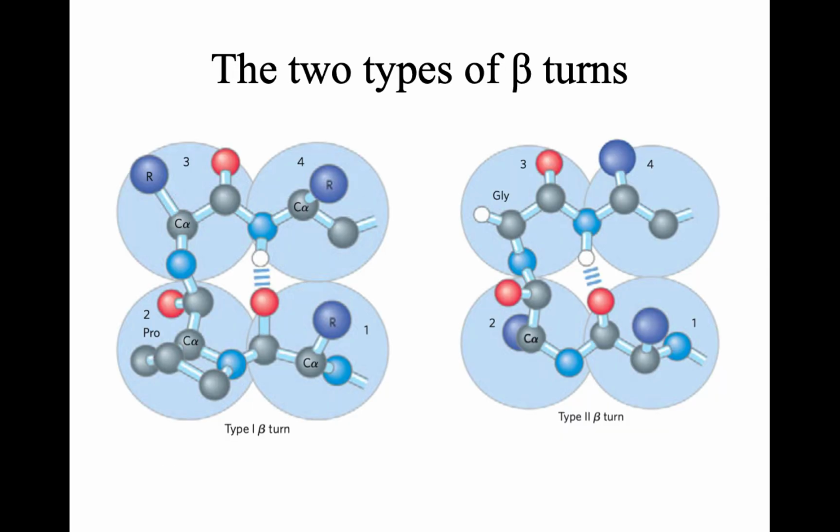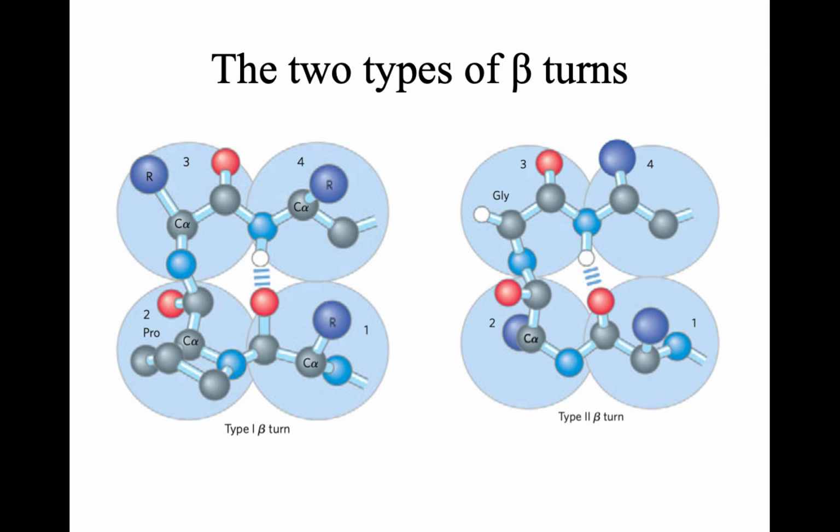And here there are two types of beta turns, a type 1 beta turn and a type 2 beta turn. This classification is because of the differences in the dihedral angles of the second and the third residues of the beta turns.